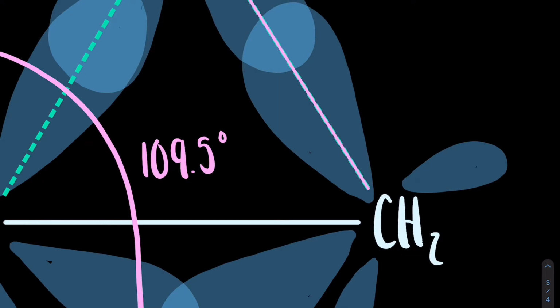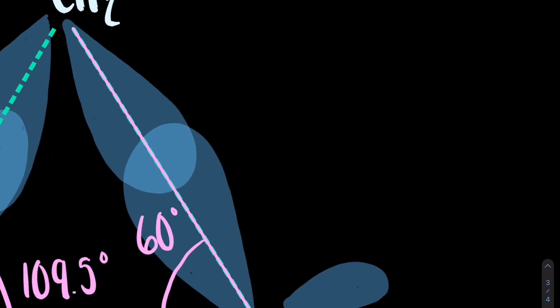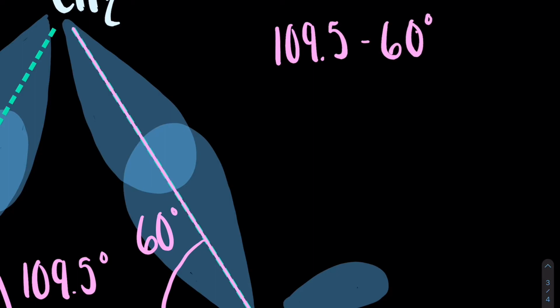This is actually 60 degrees. According to Adolf von Baeyer and his Baeyer theory, 109.5 minus 60 degrees, and you can do this with any molecule, equals 49.5 degrees.